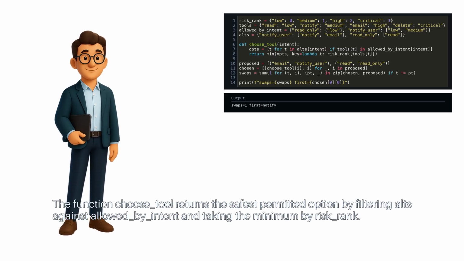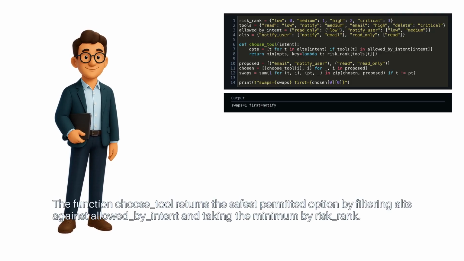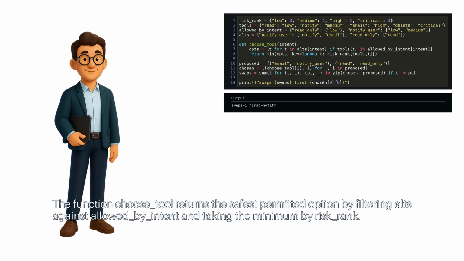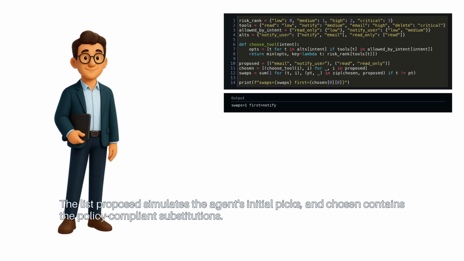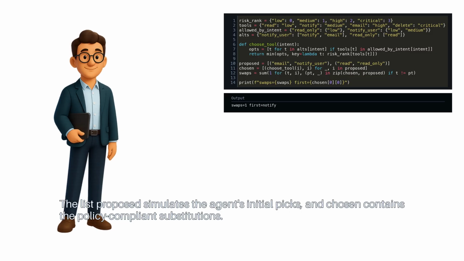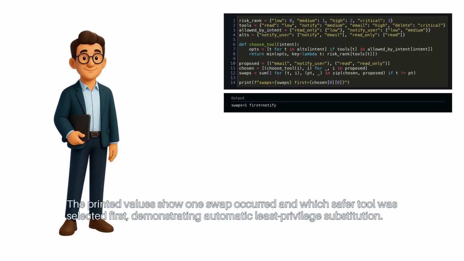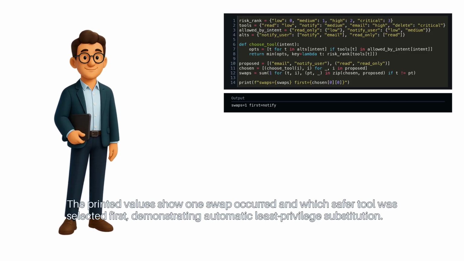The function choose_tool returns the safest permitted option by filtering alts against allowed by intent and taking the minimum by risk rank. The list proposed simulates the agent's initial picks, and chosen contains the policy-compliant substitutions. The printed values show one swap occurred and which safer tool was selected first, demonstrating automatic least privilege substitution.